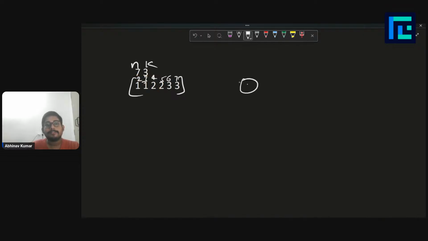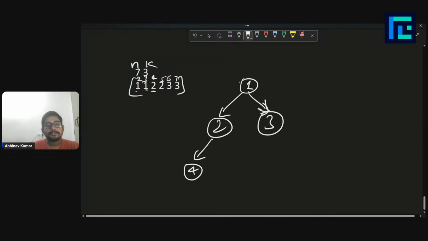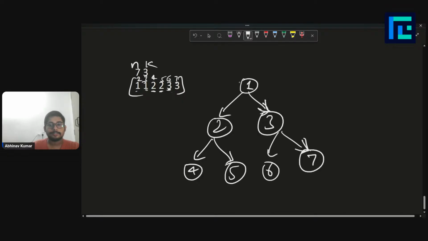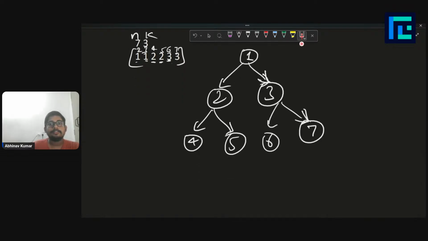So we can form the tree. 1 is the root node, and 2 and 3 are children of node 1. 4 and 5 are children of 2, and 6 and 7 are children of 3. This is the tree given to you.